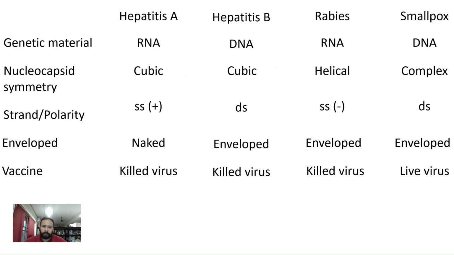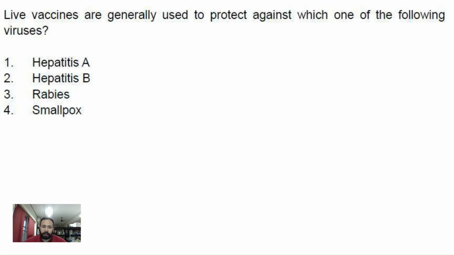So, this is the summary of all the four viruses. If you want, you can take a screenshot of this for future revisions. And again, coming back to our question, the correct answer will be option 4, that is smallpox virus.